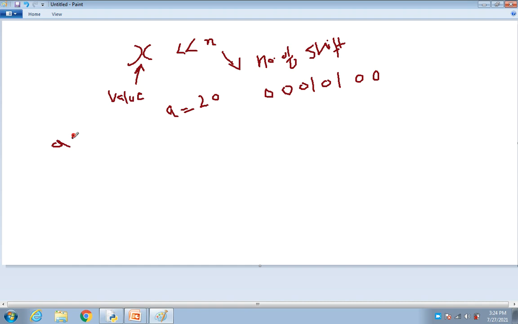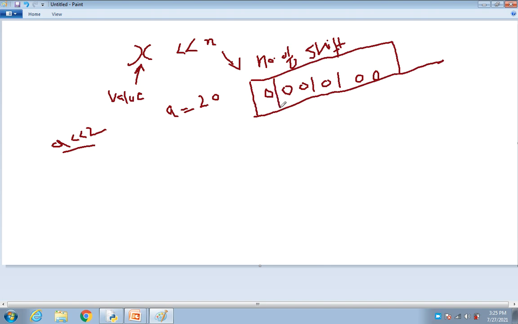Now suppose I have to shift it to the left by 2. To make it easier, I'll put it in boxes like this.